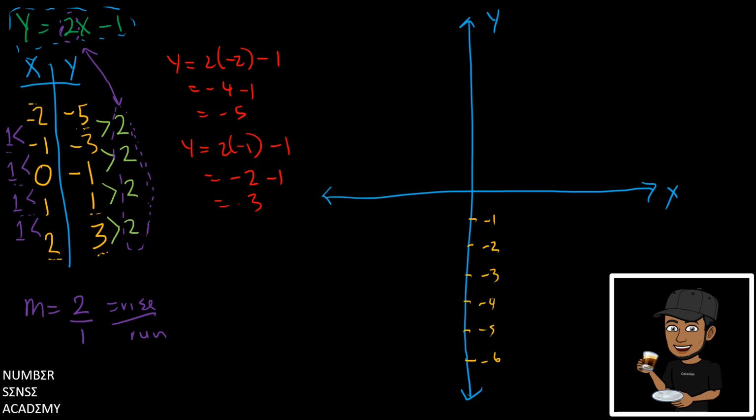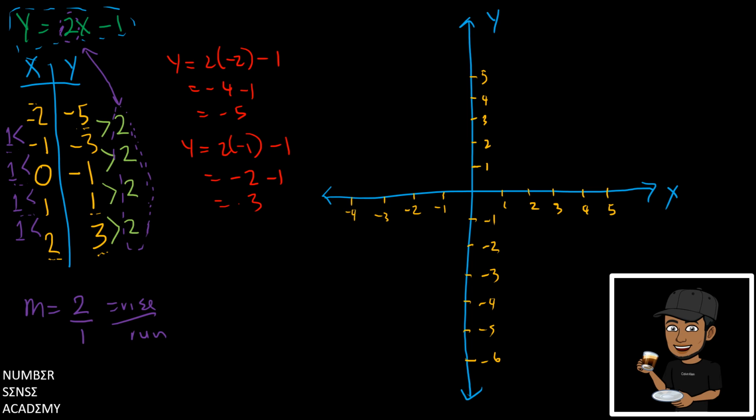And in the positive direction of x, 1, 2, 3, 4, 5. And you want to keep it nice and scaled properly, or else your graph is going to be terrible looking. And then -1, -2, -3, -4.